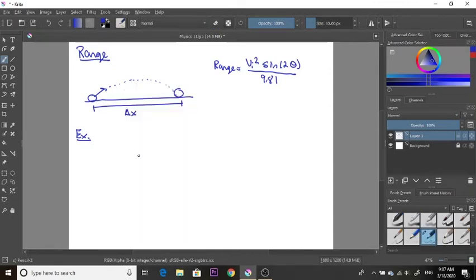So a ball is kicked from the ground with an initial velocity, so Vi is 60 meters per second, and an angle theta that we do not know, and it reaches a spot on the ground 200 meters away.